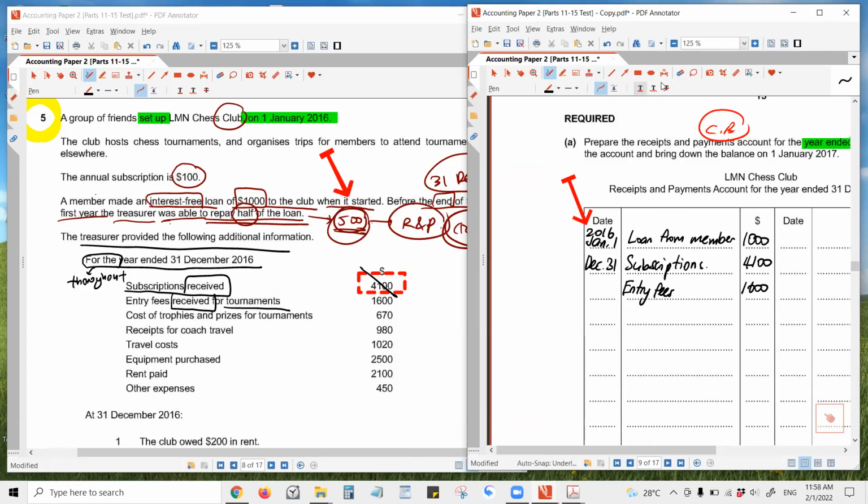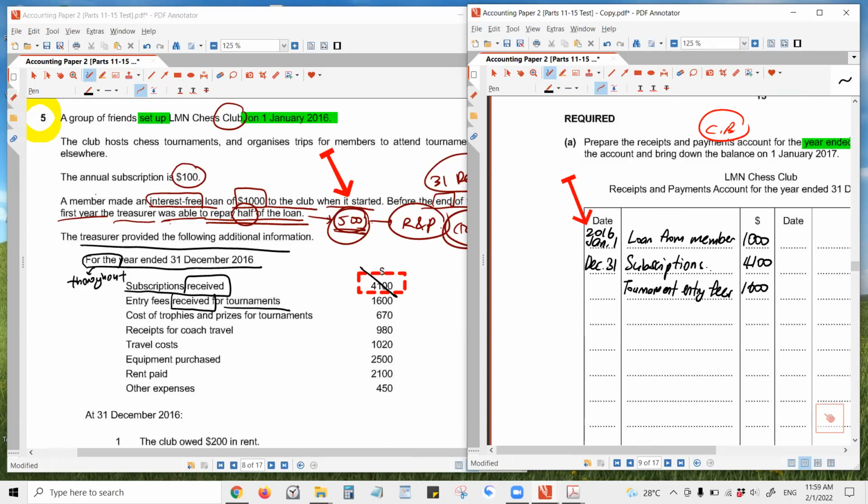Honestly, it's better to just use a single row. So let me change it. I change it to tournament entry fees. I'm trying to use as little space as possible here, okay? If you want to start with the term entry fees, it's also okay.